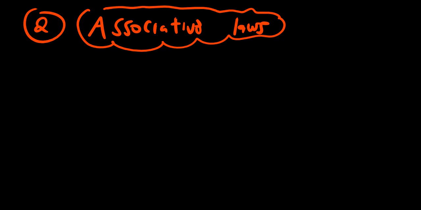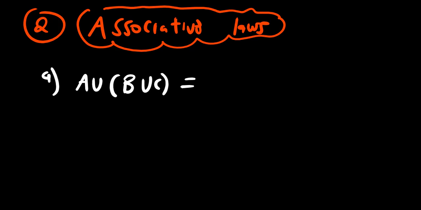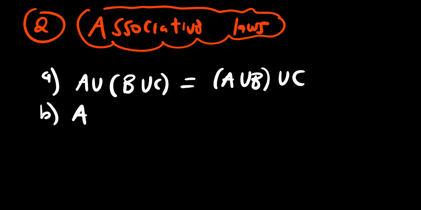Now what are these associative laws? Okay, so the first one is A union B union C should give you A union B union C, with the brackets placed differently. The second one, wherever there is union, you're just putting intersection.